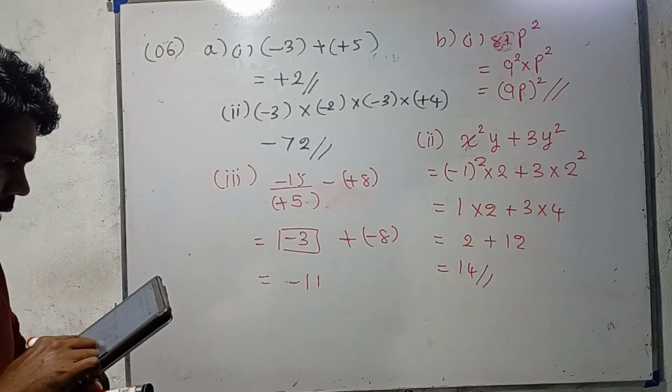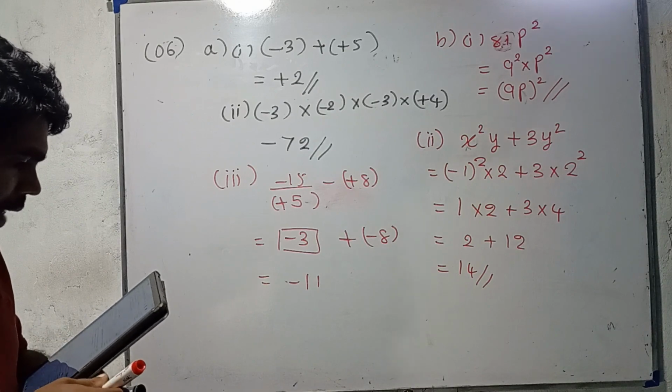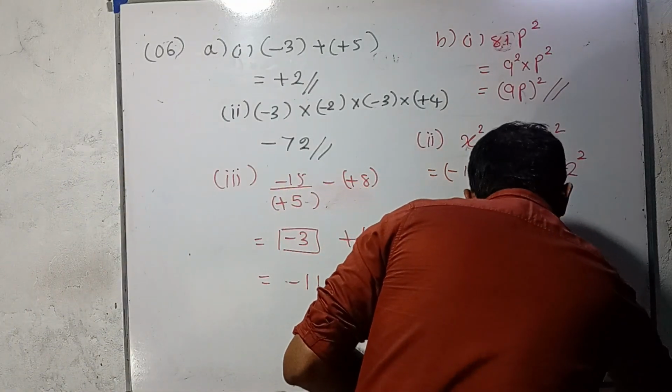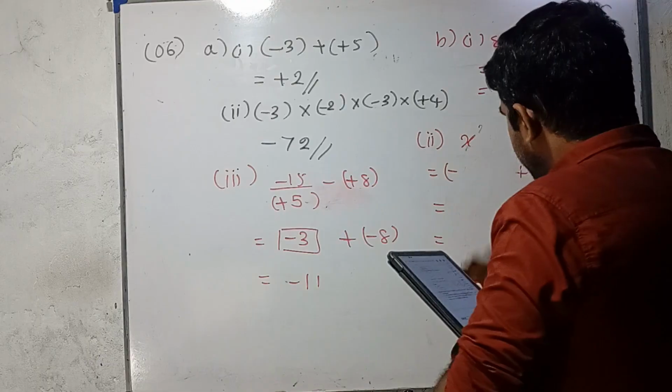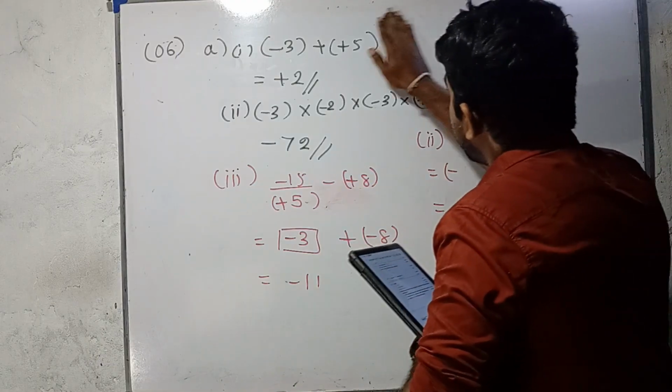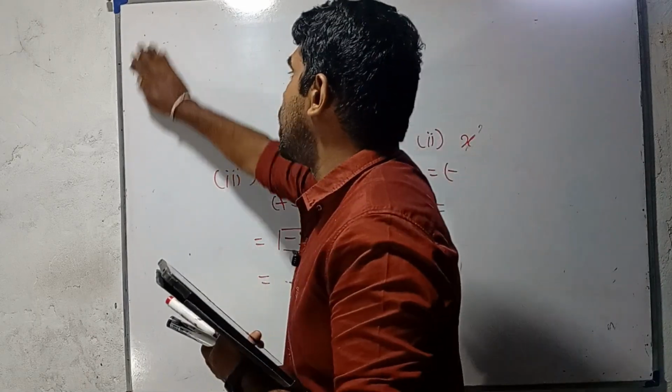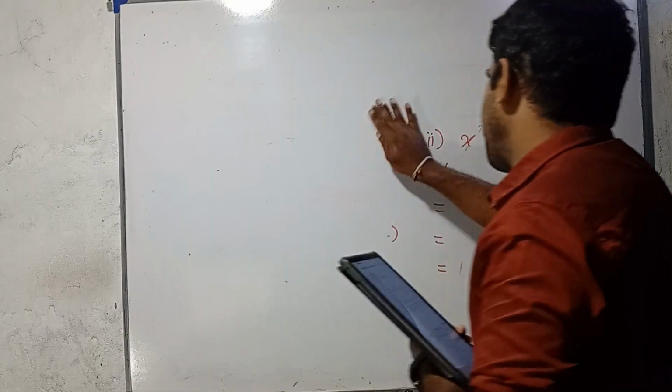Then question number 7. Part A. Roman number 1. There is an expression. We have to simplify it. When simplifying an algebraic expression, we have to expand brackets first.